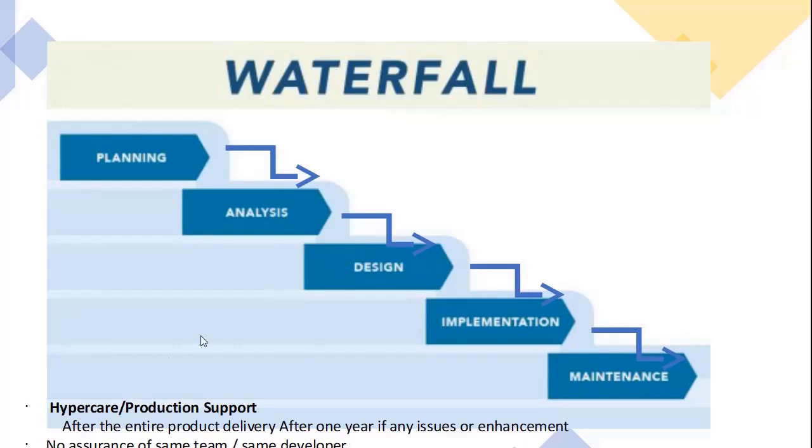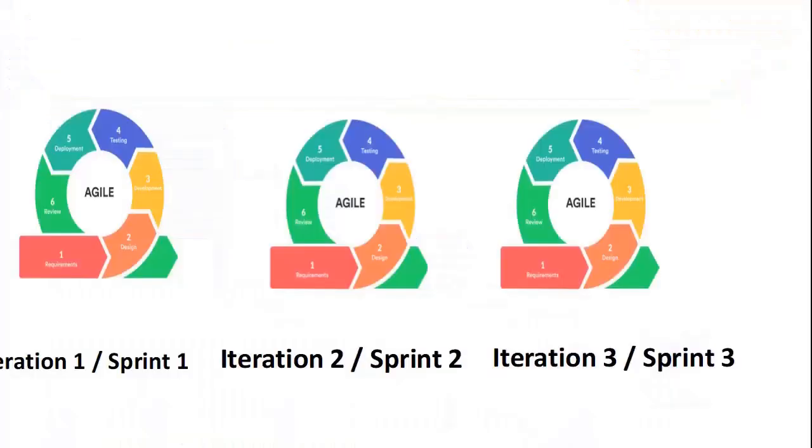So nowadays also, as I said, a few projects are following this waterfall model, but to fulfill all these drawbacks, the agile process came into the picture, right? In the agile process also, like any product development, it has all the SDLC life cycle phases, all the project development phases.